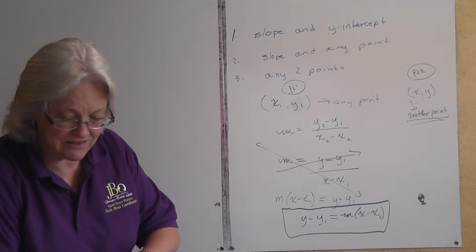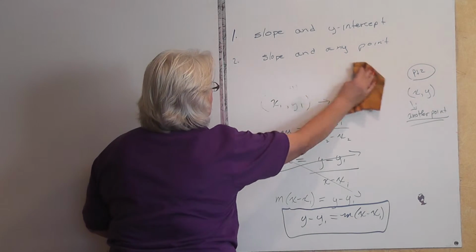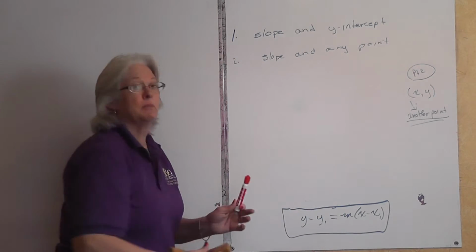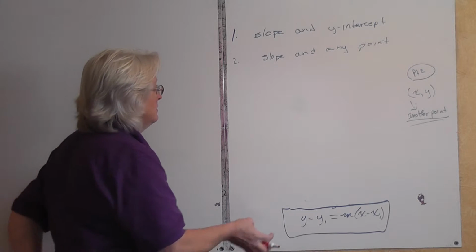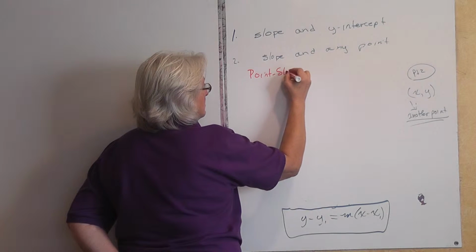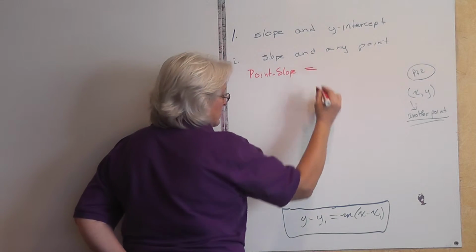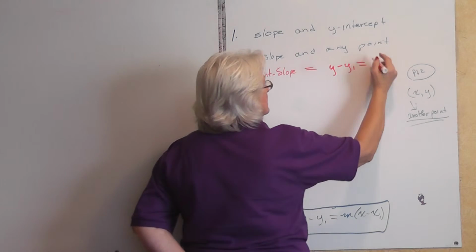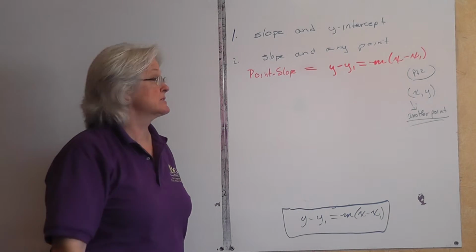If you still don't understand exactly what they've done, that's all right, because what you really need to be knowing is that if you are going to be able to give the equation of a line with a slope at any point, you are going to use the point-slope form of a line, which is this: y minus y sub 1 is equal to m times x minus x sub 1.